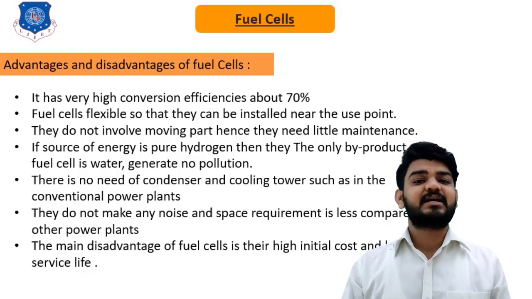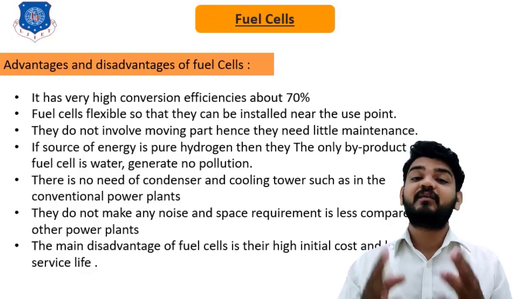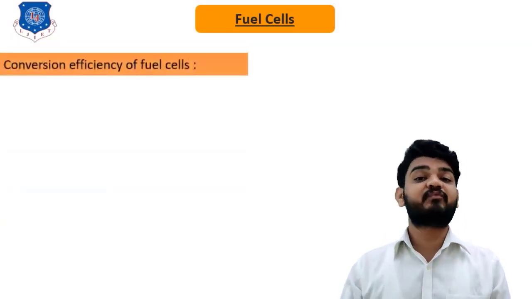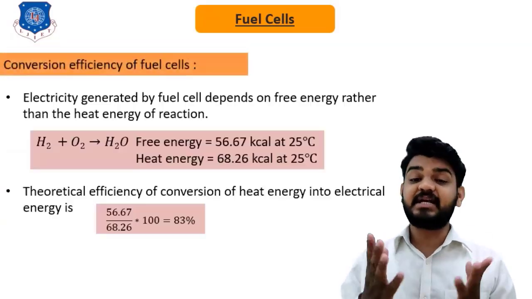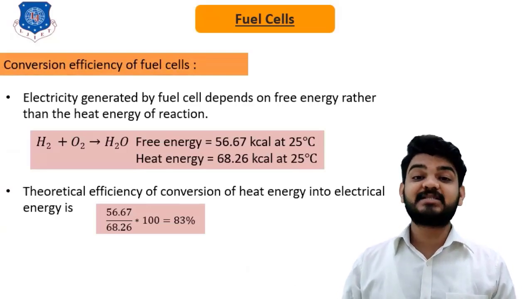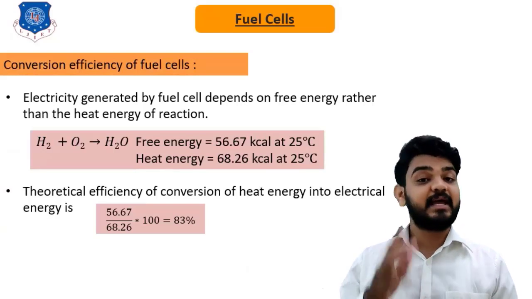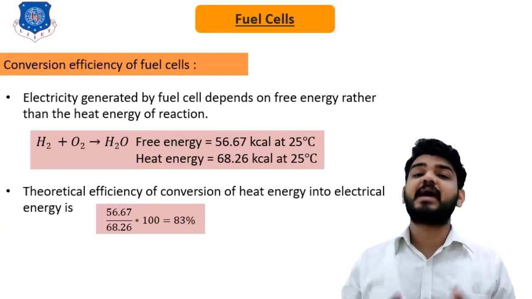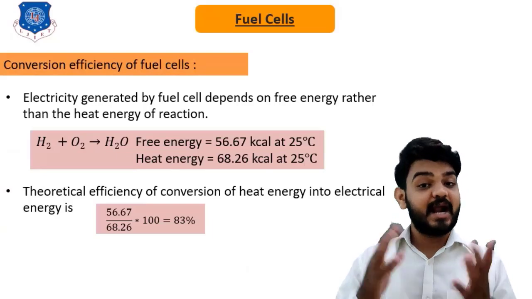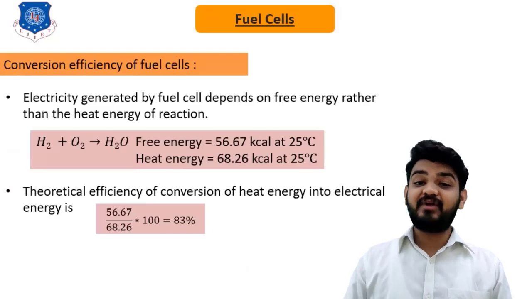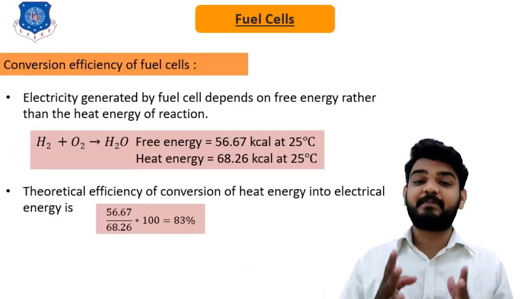Now let's see some of the terms associated with fuel cell. First is the conversion efficiency of the fuel cell. Since electricity generated by a fuel cell depends on what is called free energy rather than heat energy, the free energy to produce 1 mole of liquid water from hydrogen and oxygen gases is around 56.67 kilocalories at 25 degrees Celsius and atmospheric pressure.